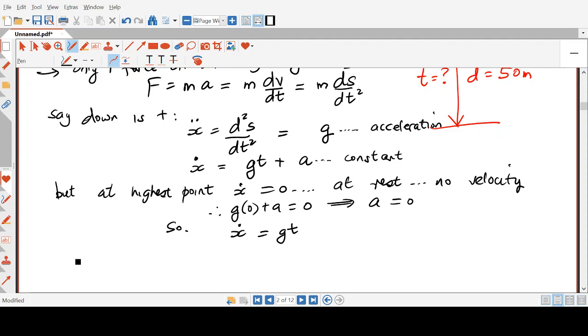Then if you integrate again, I'll do this problem in two ways to get the same answer. X will be equal to the integral of gt. What is the integral of t? Isn't it half t squared plus some constant?